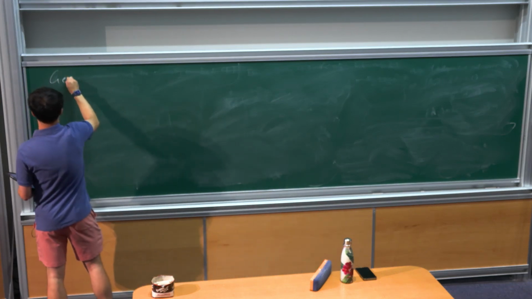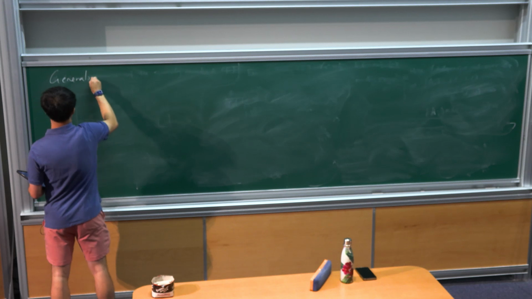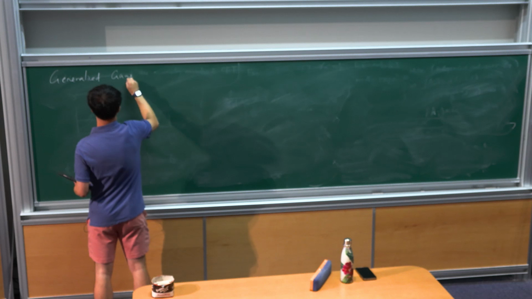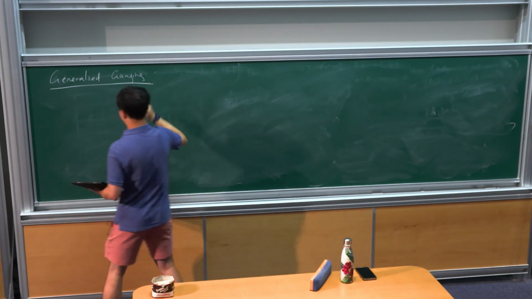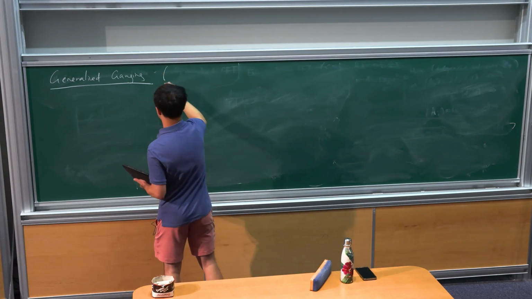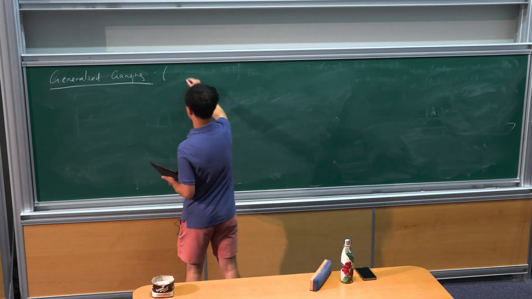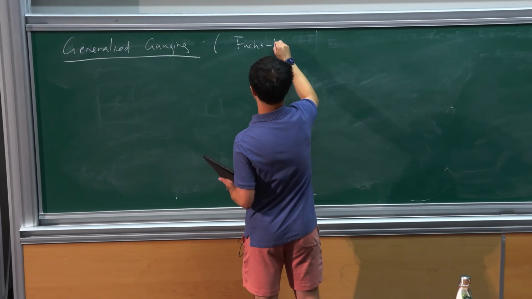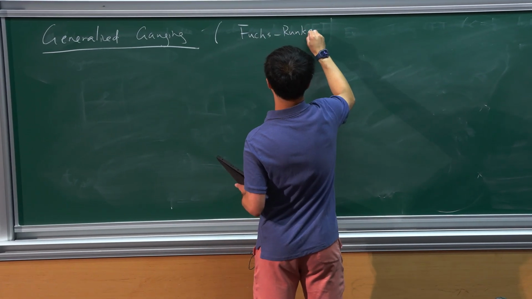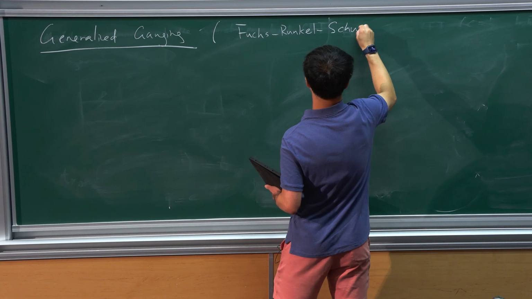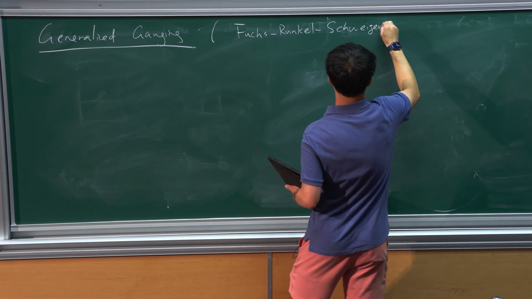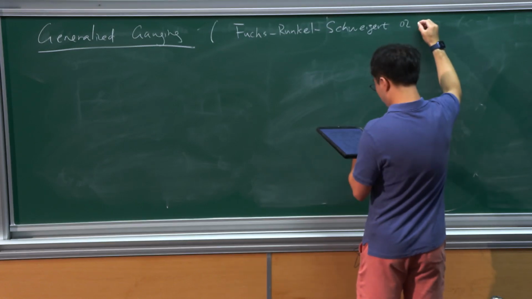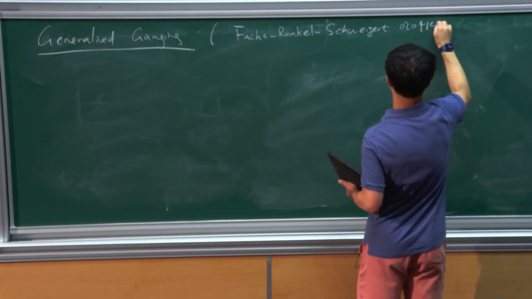So now we come to the last topic, namely generalized gauging. I should say that there's a nice set of papers, with very extensive discussion of these topics, by Runkel and Schweigert, starting from this one, and there's a sequence of papers on the subject.